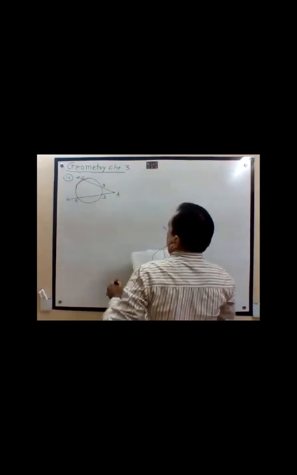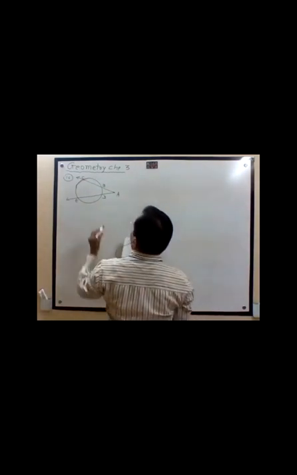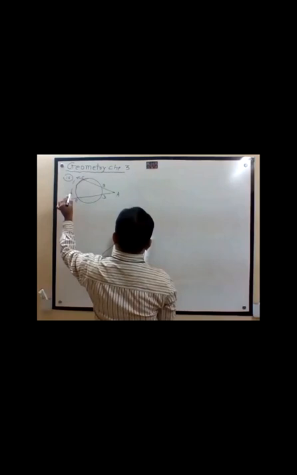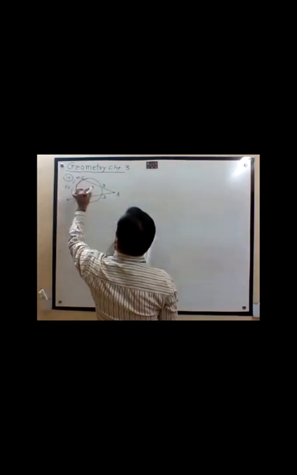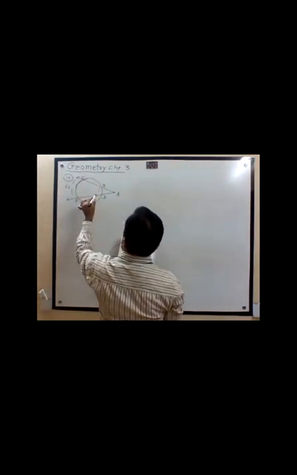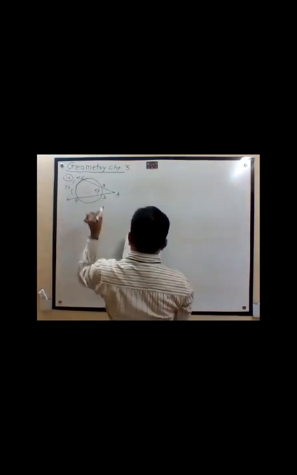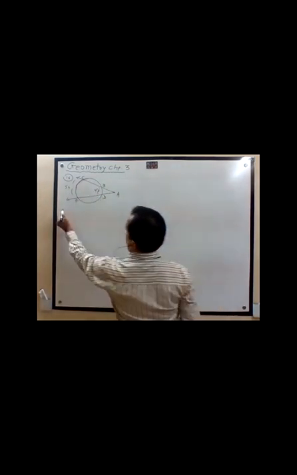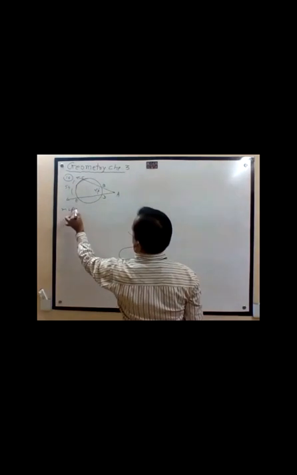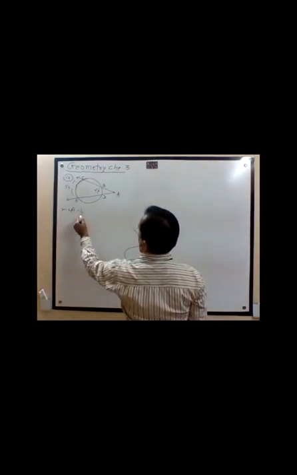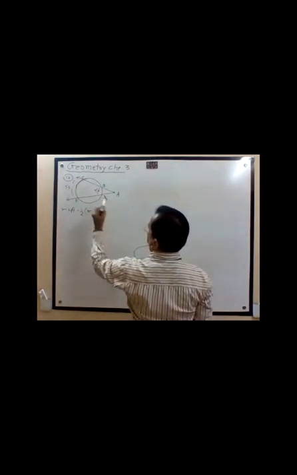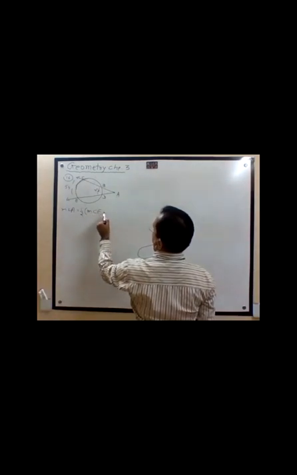And again three questions. Arc CE is given as 54, and this is given as 23. To find angle A, measure angle A is equal to half the measure of big arc CE.